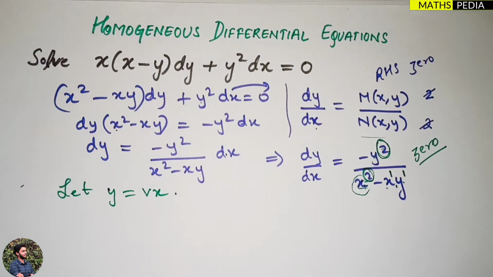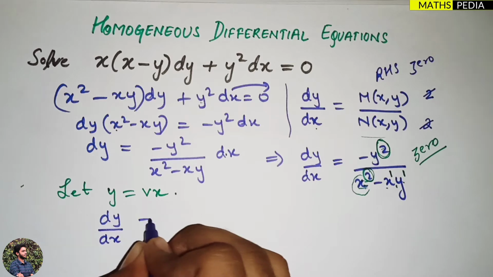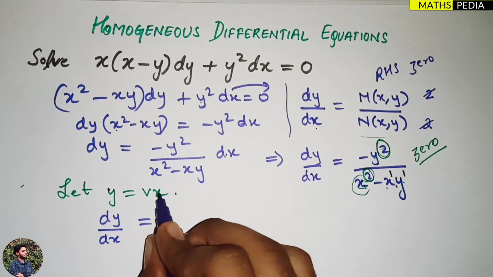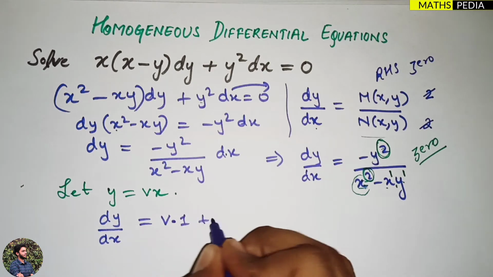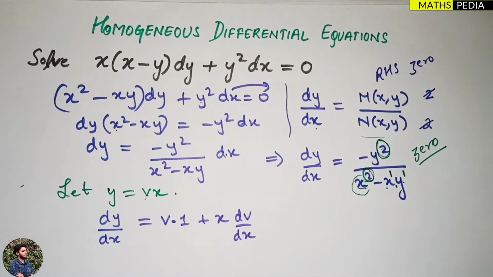The basic idea is that you have to consider y equal to vx. That is the first step. Next, differentiating with respect to x, y gives dy by dx. On the right I apply the product rule: first into differentiation of second, which is 1, plus second, which is x, into differentiation of first, that is dv by dx.